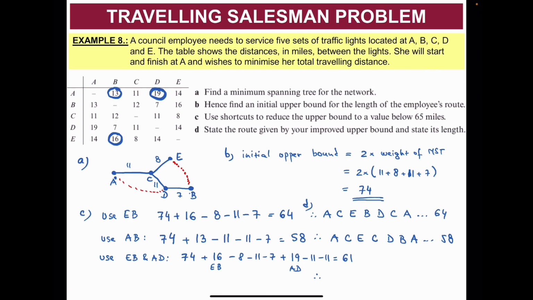So when you look at it, it should be 61, and the route should be A, C, E. Then you go to B, D, and A. However, the length is 61. What is okay, because it was supposed to be under 65, but obviously 58 is smaller by 3 miles.